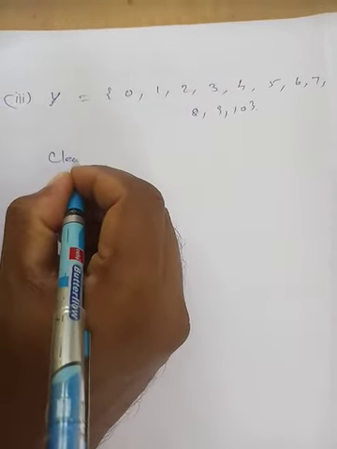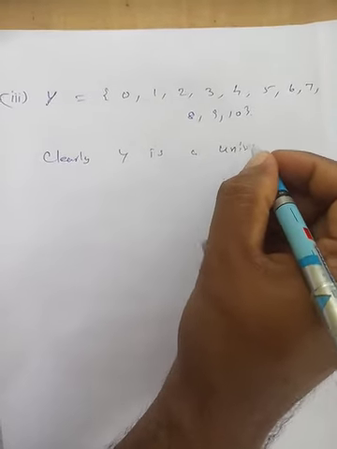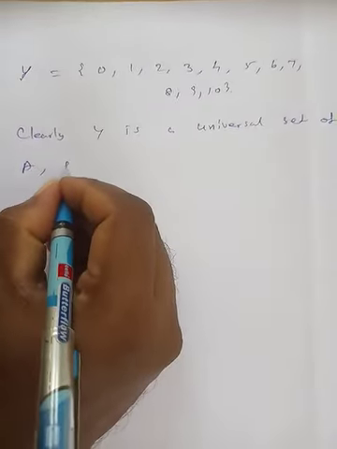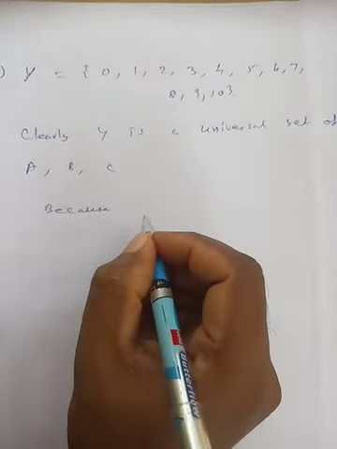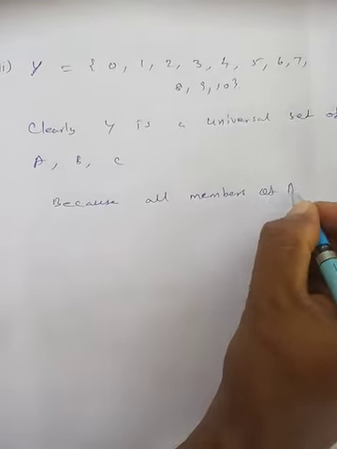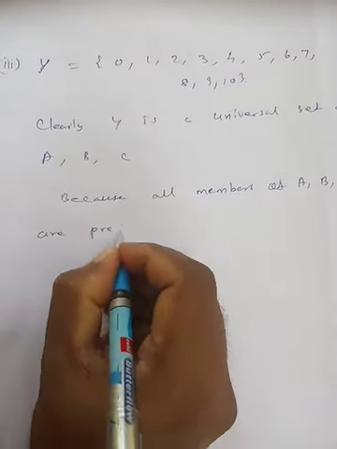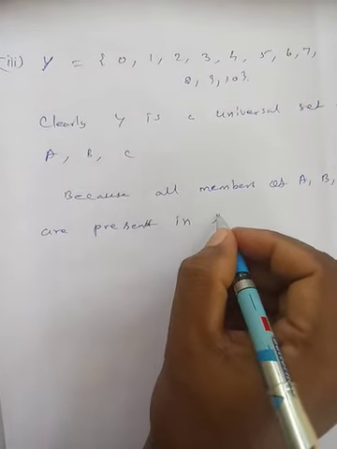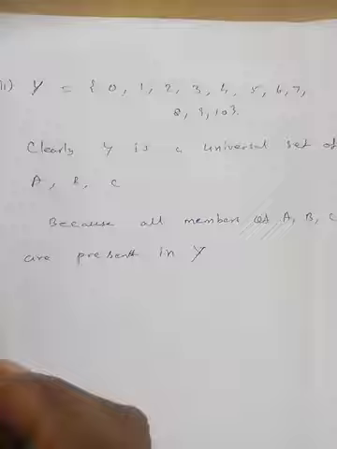Here clearly Y is a universal set of A, B, C, because all members of A, B and C are present as elements in the set Y. Therefore, Y is a universal set of A, B and C.